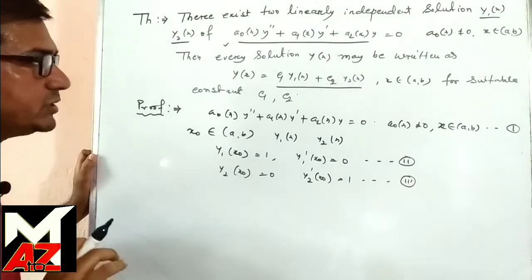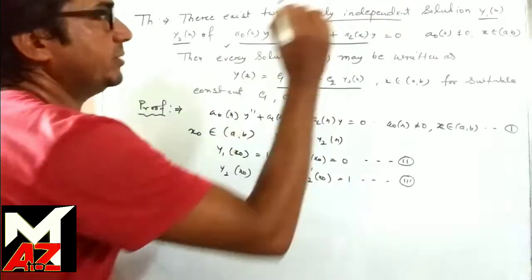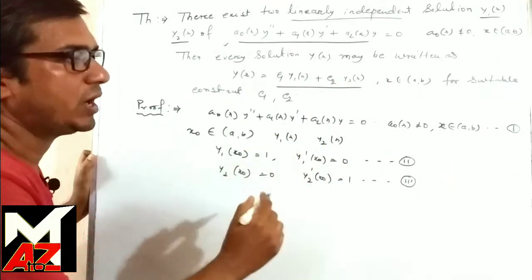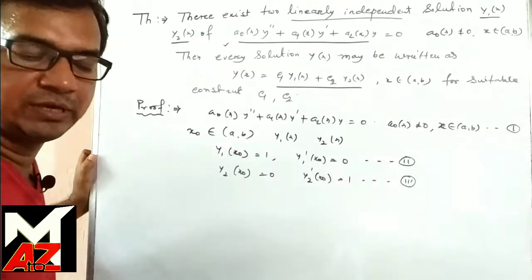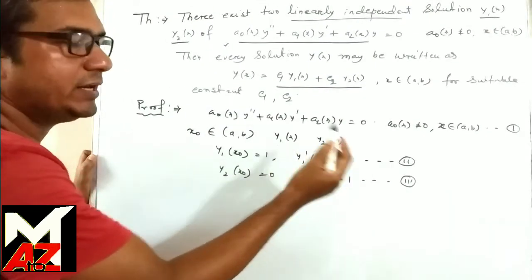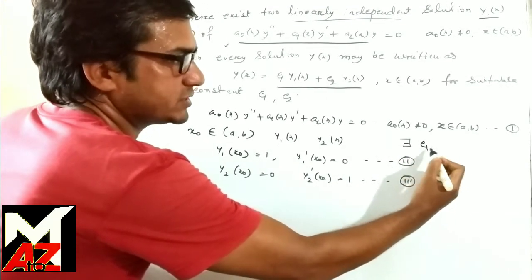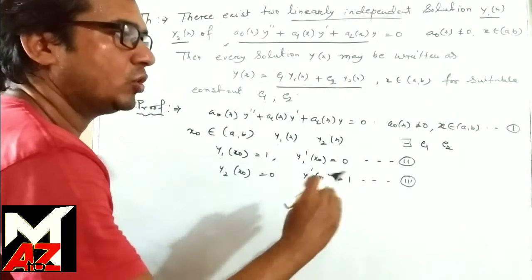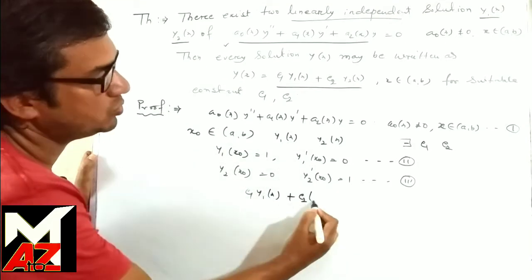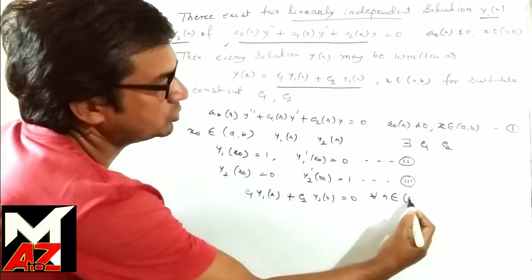Now we first prove the solutions y1 and y2 are linearly independent. If not, let y1 and y2 be linearly dependent. Since we take y1 and y2 linearly dependent, there must exist two constants c1 and c2, not both 0, such that c1 y1(x) + c2 y2(x) = 0 for all x belonging to (a,b).